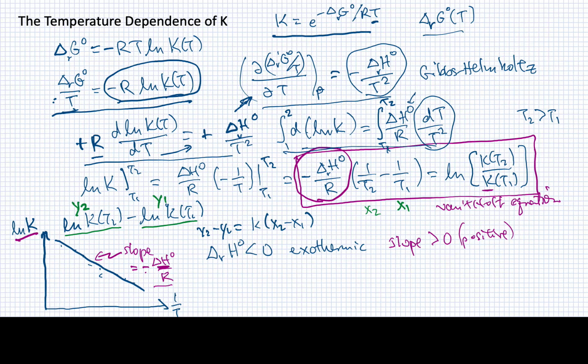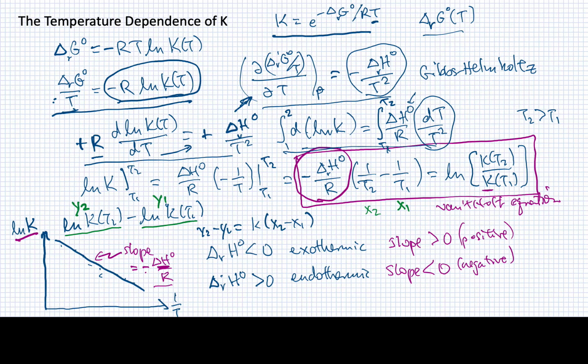Now the case that I've drawn here would correspond to delta H being greater than 0, which is an endothermic reaction. And so in this case, as we've seen, the slope is less than 0, or negative. This corresponds to an endothermic case, where we have to absorb heat from the surroundings for the reaction to happen.